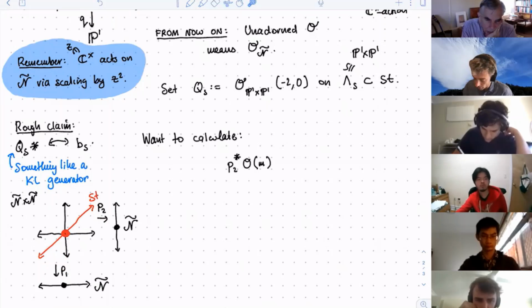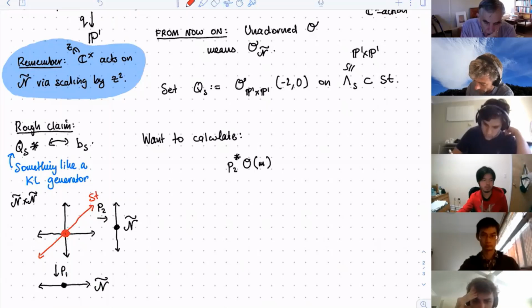This is the diagonal. But here we have this interesting piece that's the same dimension as this piece, which is P1 times P1. And what we want to calculate is we want to start with a sheaf on here. We want to pull it back to here. We want to tensor product with QS. And now we want to project back down and see what class in K-theory we get.